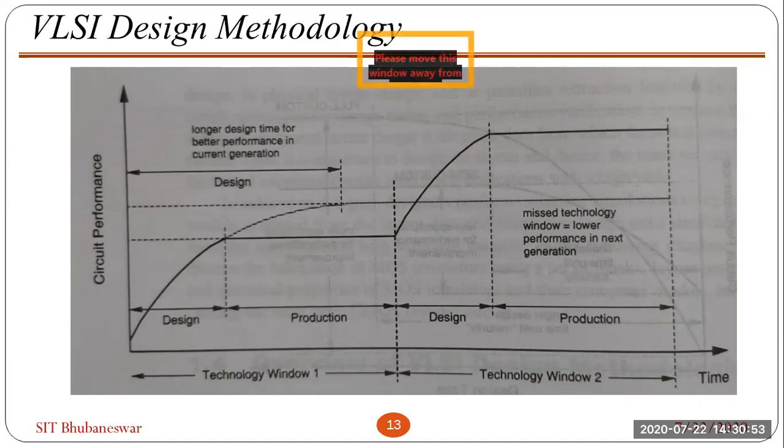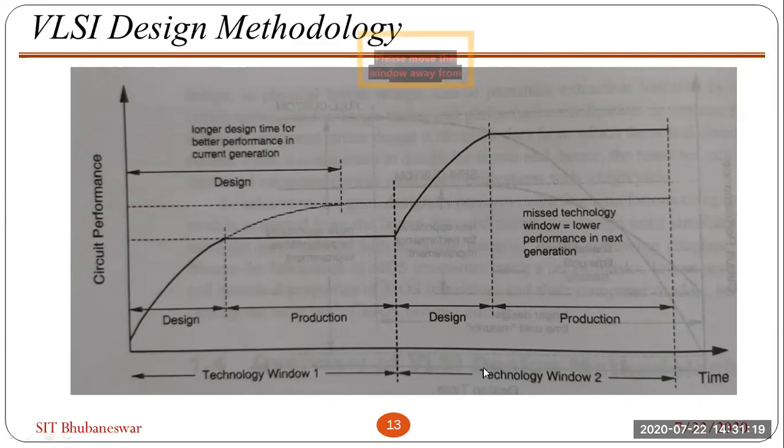You can see that the time is divided into design and production. And you can see the performance here. This is the performance. But if you waste a lot of time, you can get this performance, the upper one, but you will lose the market.